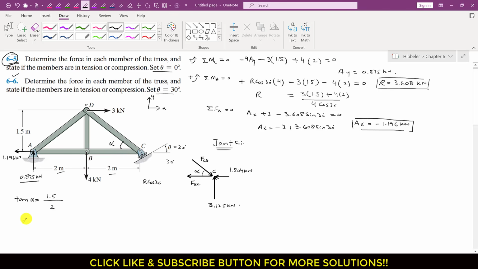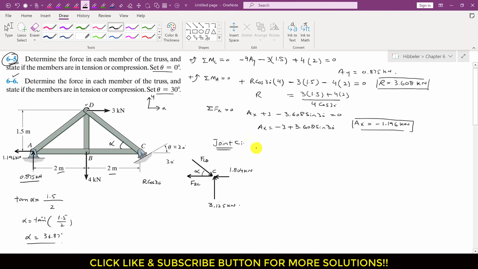So alpha is equal to tan inverse of 1.5 divided by 2. From this, alpha equals 36.87 degrees. So this means that FCD is making a 36.87 degree angle with the horizontal.